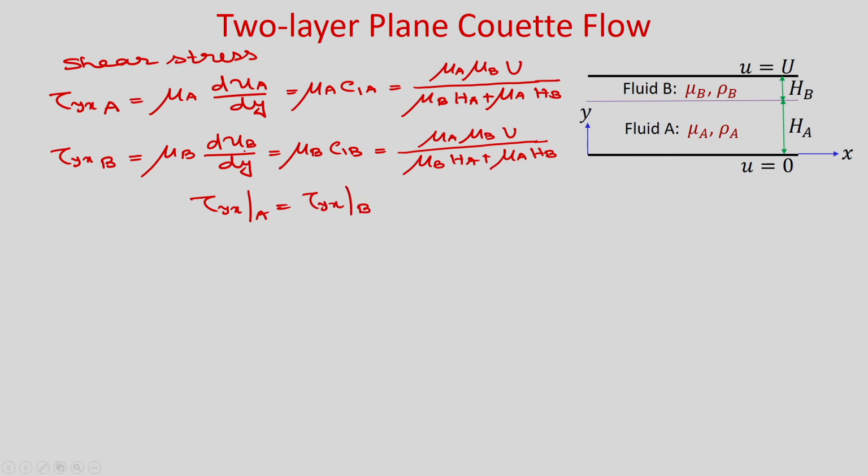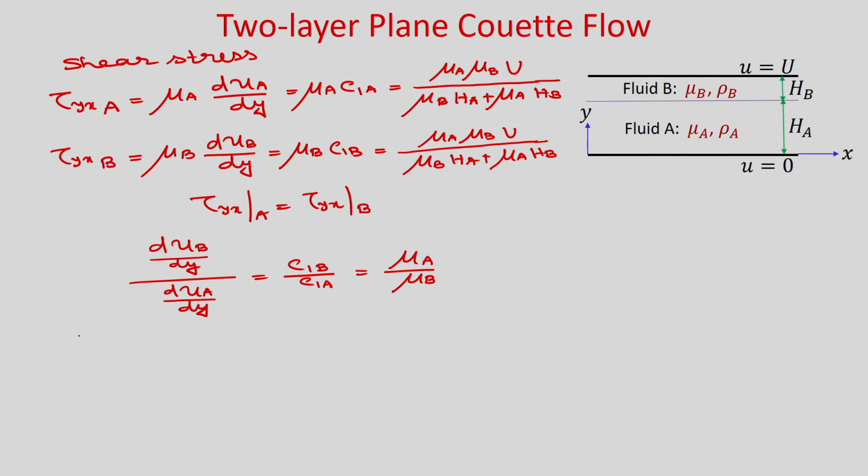So, now from this expression, if you want to compare the velocity gradient, say du_B by dy divided by du_A by dy, then it is the ratio of C1B by C1A, and this is nothing but the ratio of mu_A by mu_B, because if you put the expression of C1B and C1A, you can see the denominators will be the same, so it will be mu_A by mu_B.